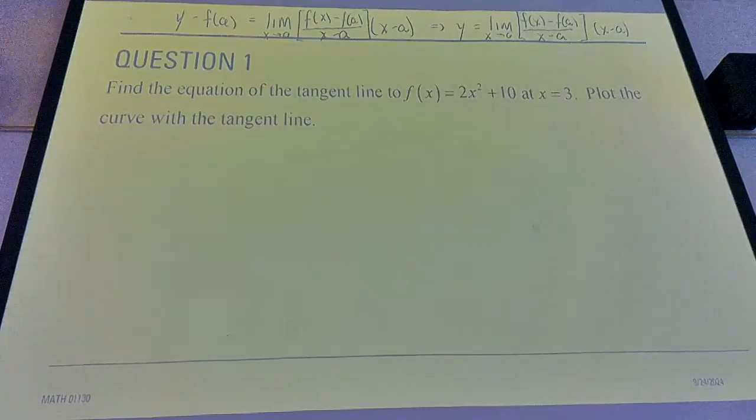The thing is that x minus a in the numerator is not part of the limit. There's an equation of a tangent line at A: y equals the limit as x approaches A of f of x minus f of A over x minus A, all times the quantity x minus A, plus f of A.